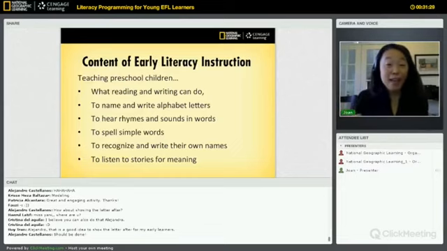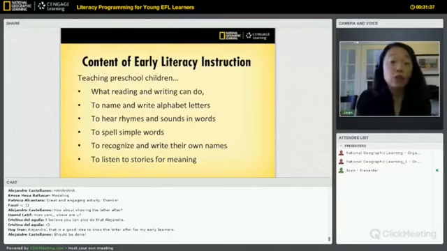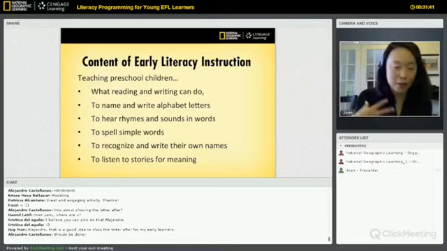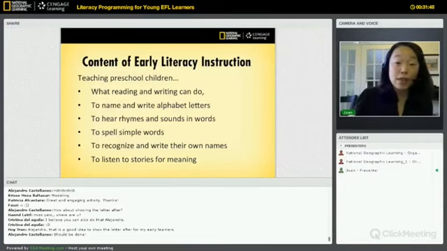They've got to hear rhymes and sounds in words, building that phonological awareness. They start to write simple words. A lot of teachers start with students' own names, right? Because they're very familiar with the sound of their own name. And then we try to attach that to the letters of the new language.